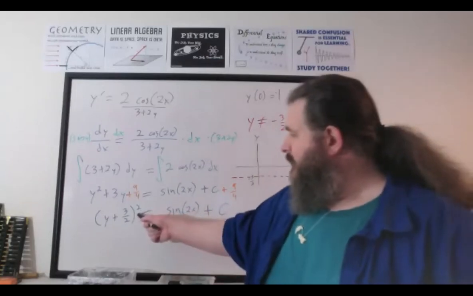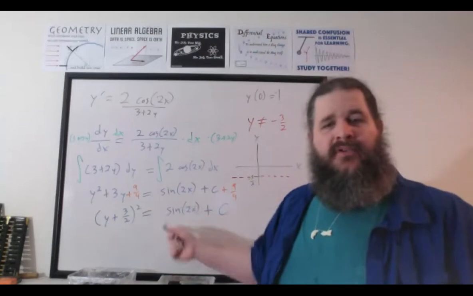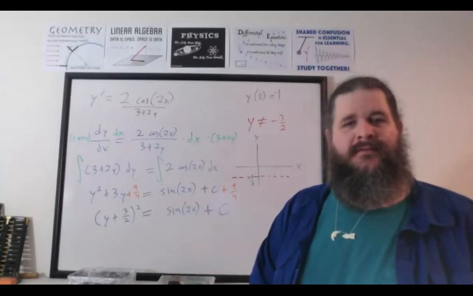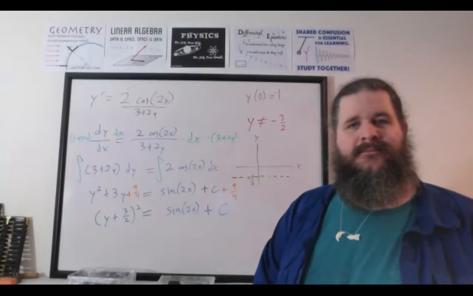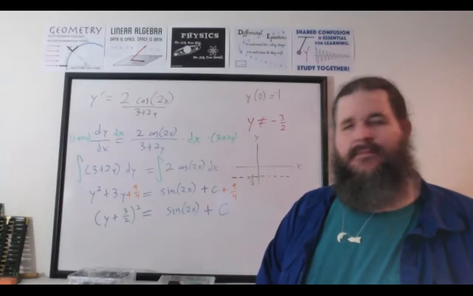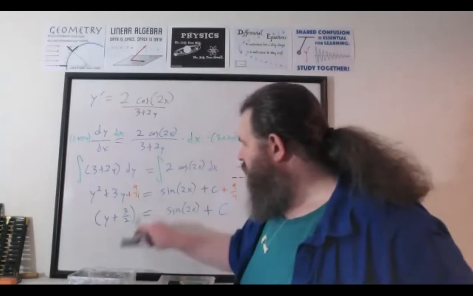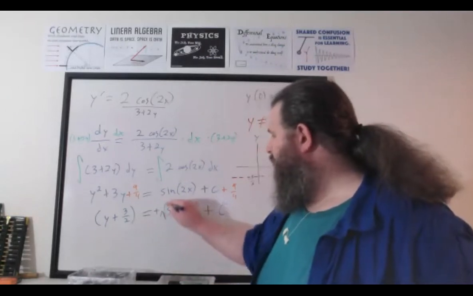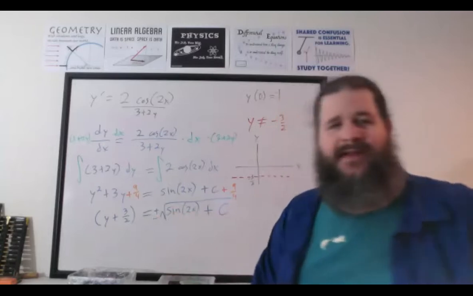At that point, we can now take the square root. But since we're taking the square root of both sides, what do we need to include? You mean plus or minus? Yeah, because it could be the positive square root of all that stuff, or it could be the negative square root of all that stuff.